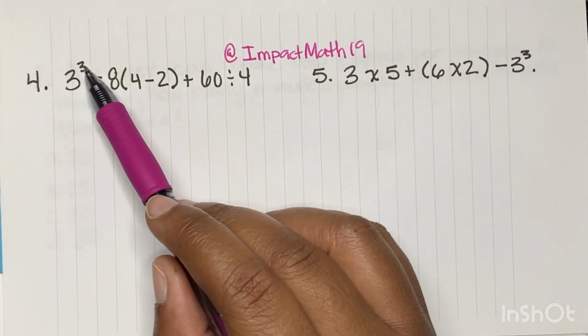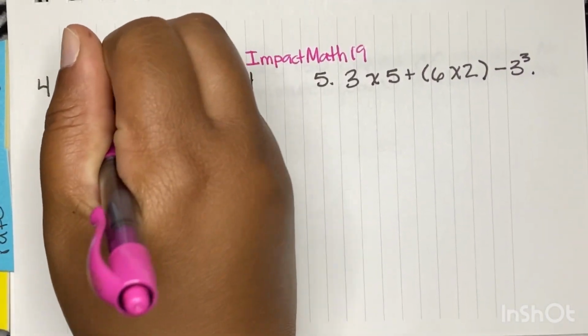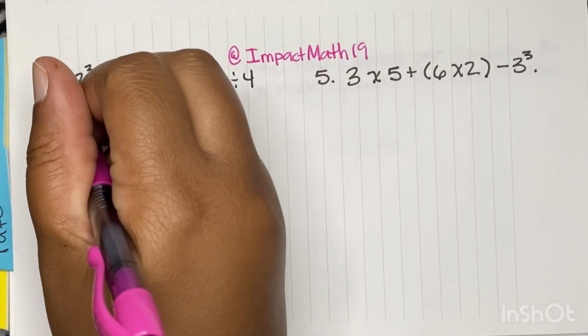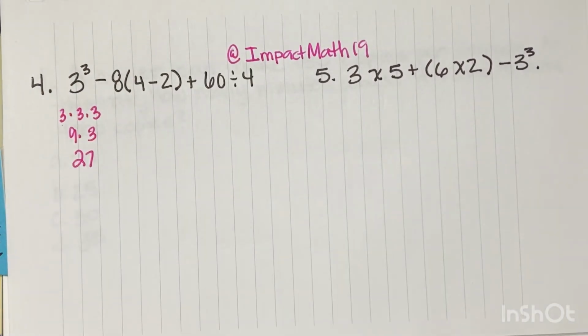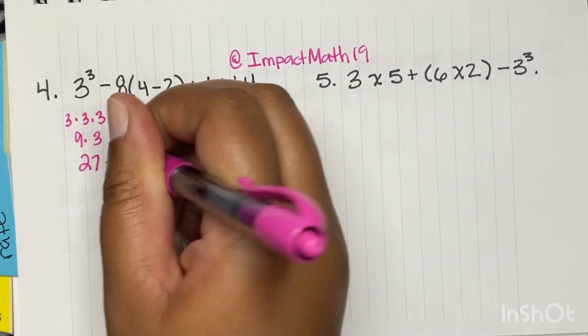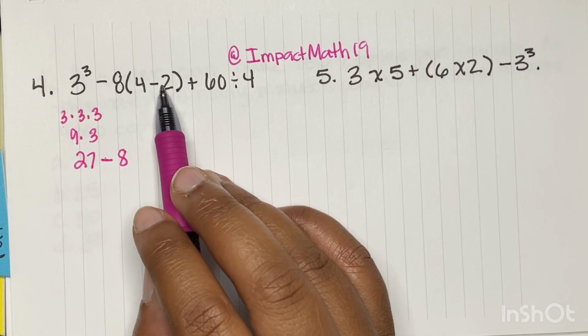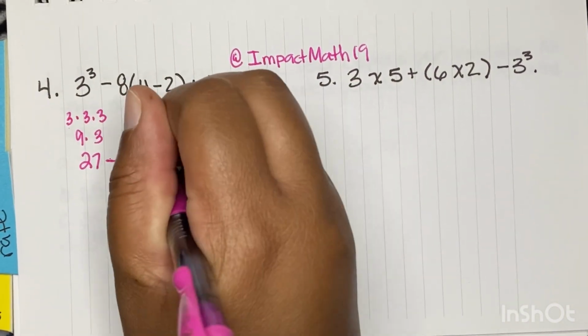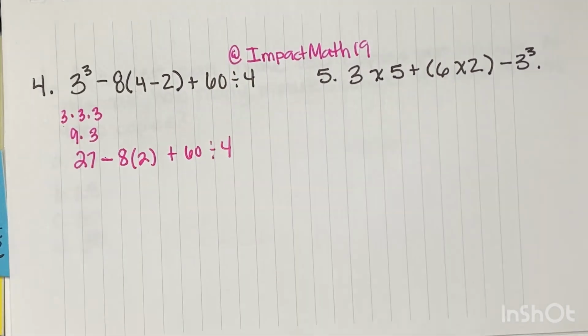So 3 to the third means 3 times 3 times 3. And 3 times 3 is 9 times 3, which is going to give us 27. Okay. Minus, we're going to drop down that 8. And then we're going to work inside the parentheses. So 4 minus 2 gets us 2. Plus 60 divided by 4.